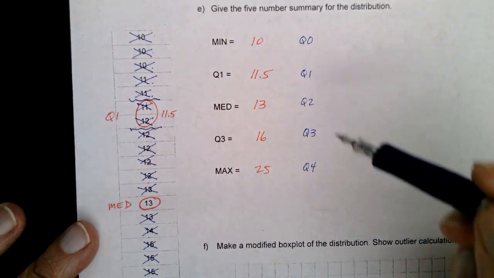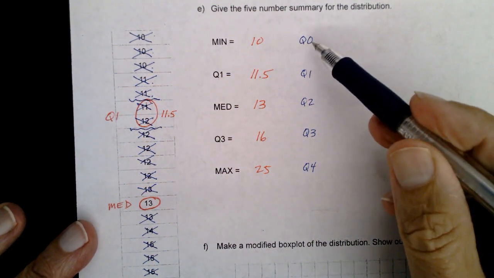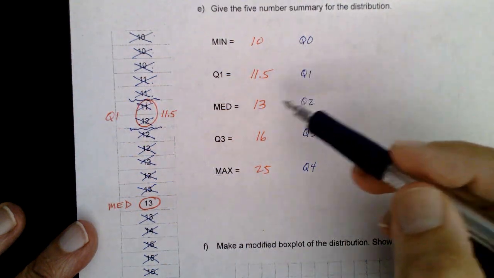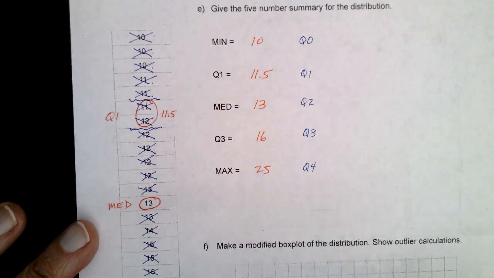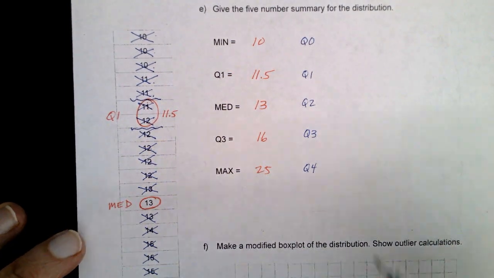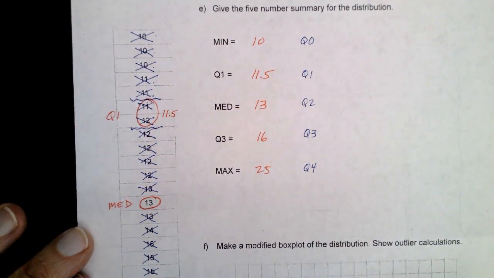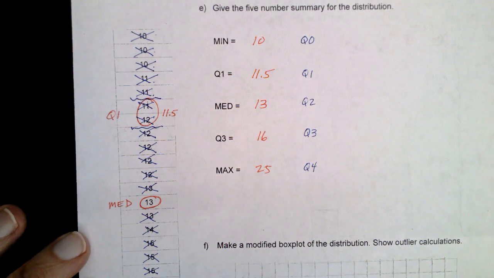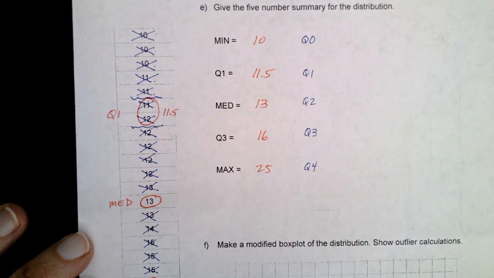And so if you ever see something like a Q2 or a Q0, those are really just the same as Q0 being the minimum, Q2 is the median, and Q4 is the maximum. I doubt I would put this on any test, but just in reading stuff, sometimes you'll see Q2 and you're like, well, what the heck is that? So little information for you there.